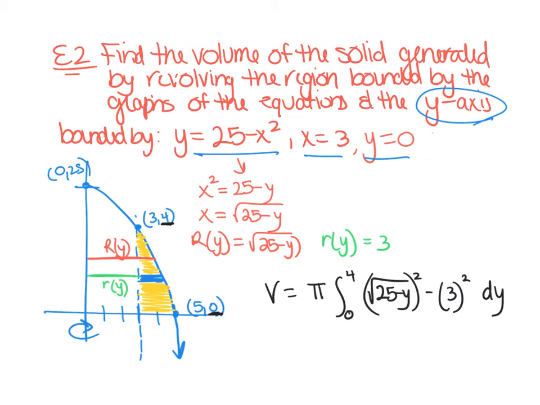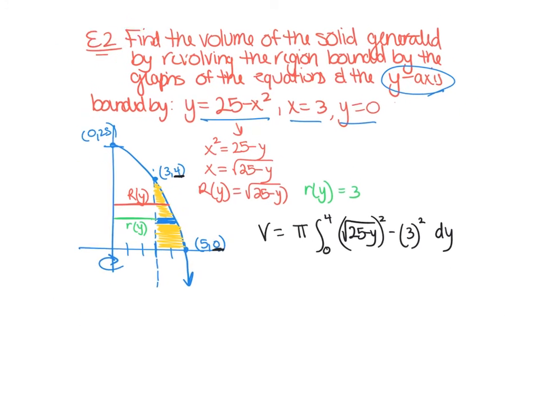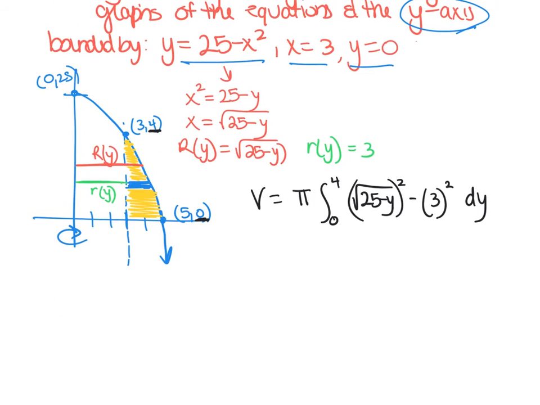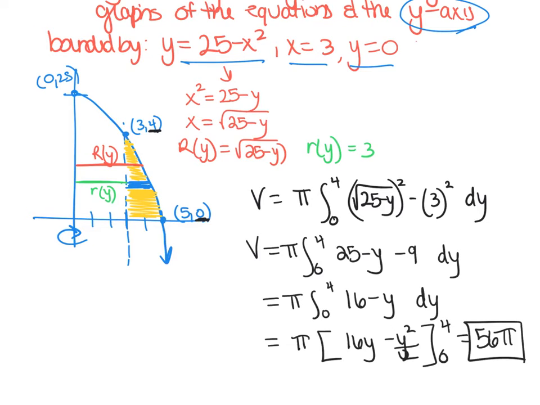I would say don't do the pi. Figure out what your integral from 0 to 4 is, and then throw in the pi. Otherwise, this will end up being a polynomial where you'll just use the power rule. Why don't you take a minute and calculate that volume. You should end up getting 56 pi. When I squared that and subtracted them, I got 16 minus y. Then you're simply doing the power rule, and because it's from 0 to 4, all you have to do is plug in the 4.